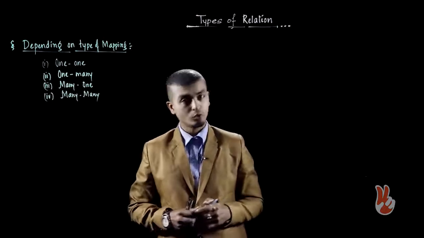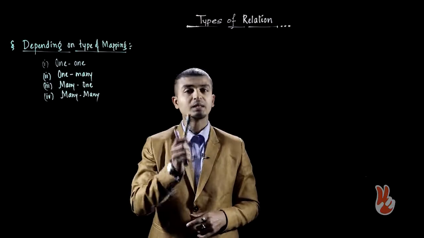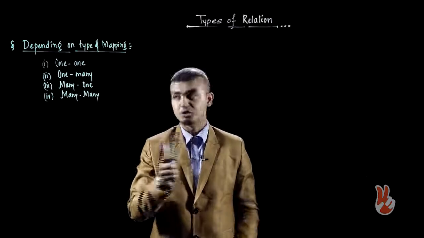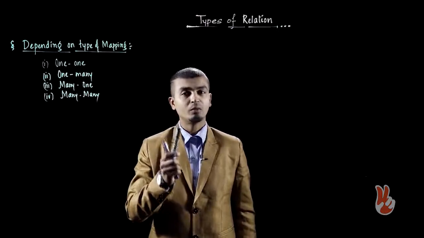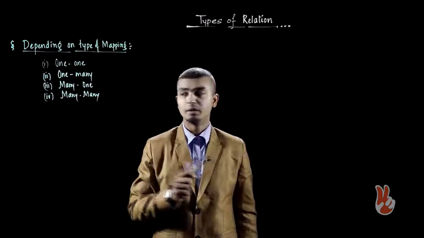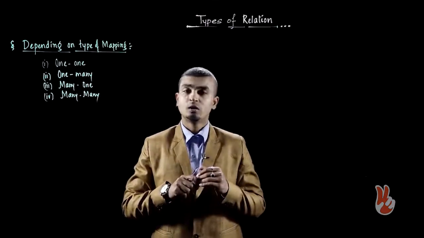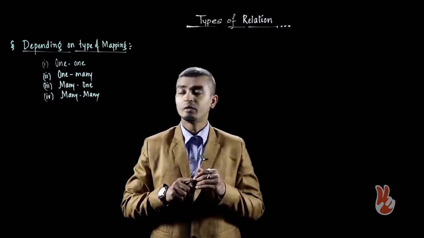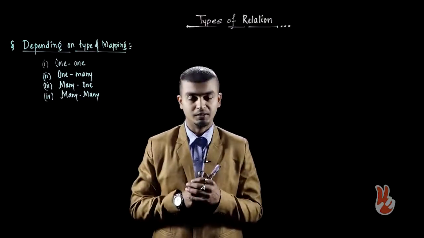So as the name goes, 1-1 means one single element is related to only one image. 1-many means one element may have more than one image. Many-one means many elements in the domain can have only one image, and many-many goes accordingly.